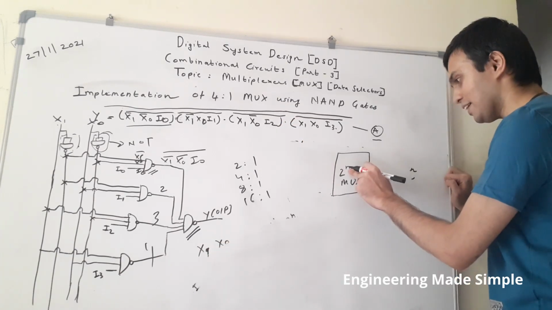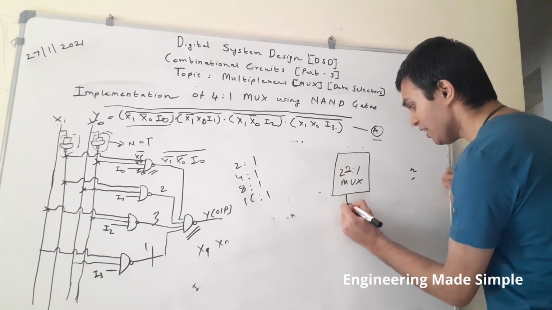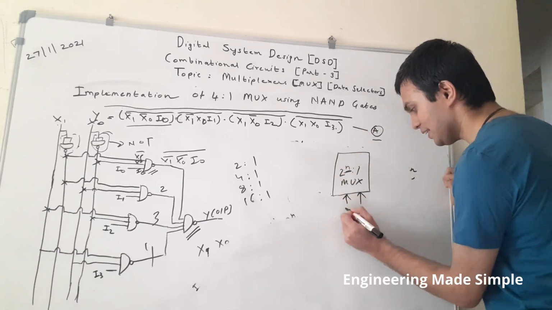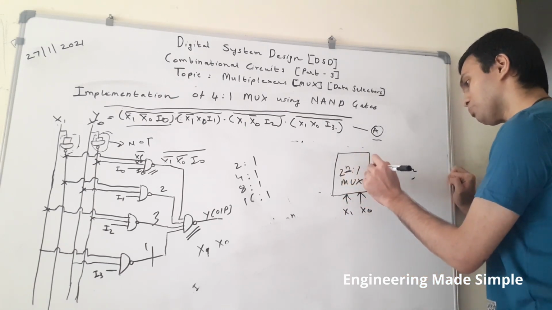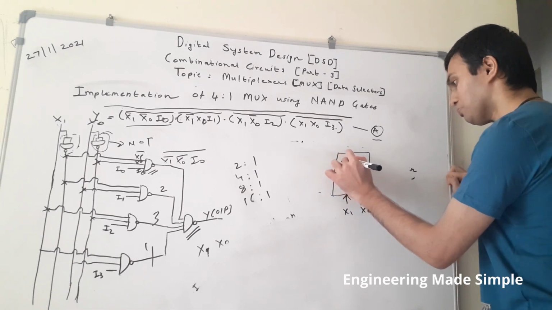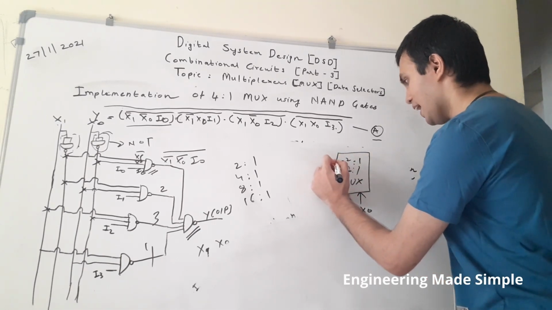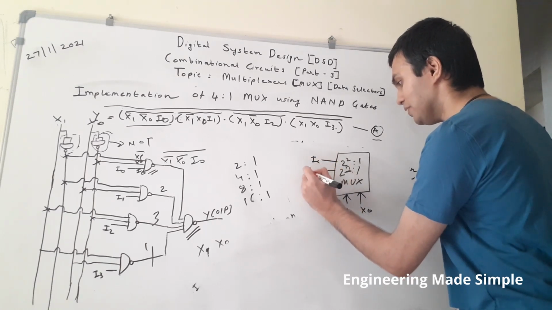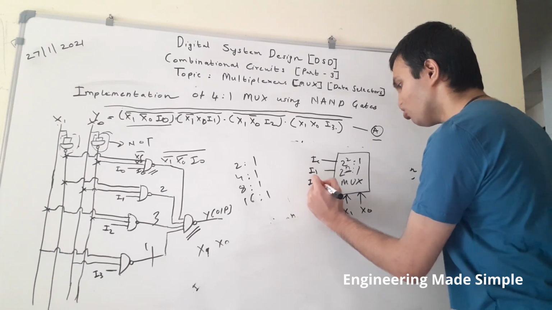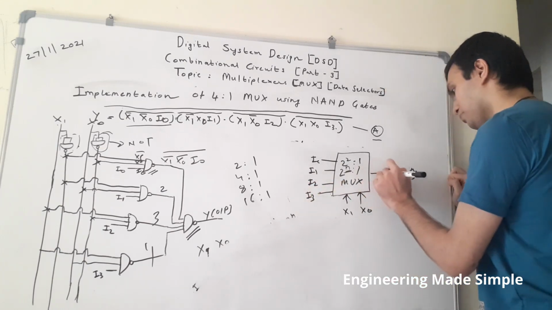So this n is nothing but the number of select lines. If there are two select lines, as in the case of 4:1, it would be 2^2, which is 4. So it is a 4:1 mux, because two select lines are there, and that's why four inputs are there, that is I0, I1, I2 and I3, and one output.